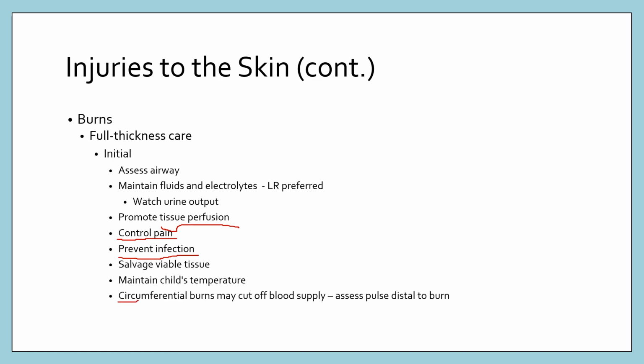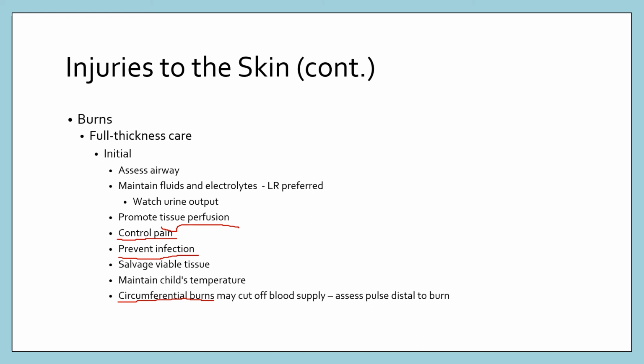And then always be concerned if you see the word circumferential in a test question. Circumferential is almost always bad. It could be talking about compartment syndrome, or any kind of test question where they use circumferential anything. Usually they're trying to tell you that the blood supply is cut off to the area.